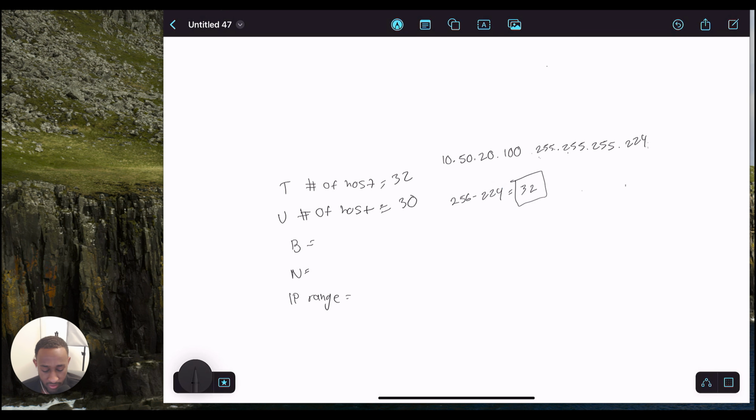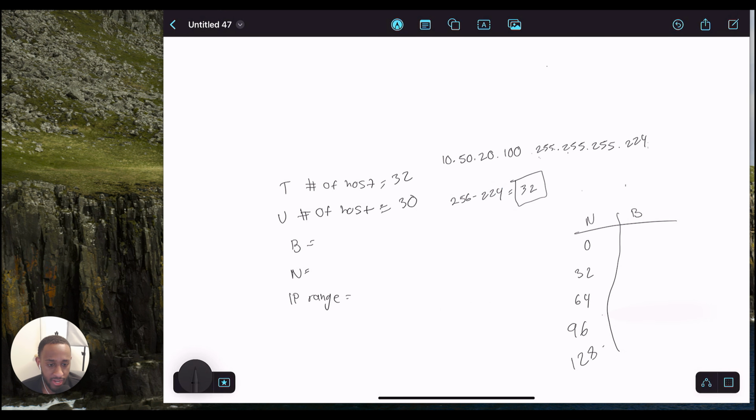So basically, this is where you create that little T-chart, right? And you do network here, you do broadcast here, and we're going to be starting from 0, then going 32, 64. I'm adding by 32, right? 96, 128, right? So I'm basically just adding by 32 each time.